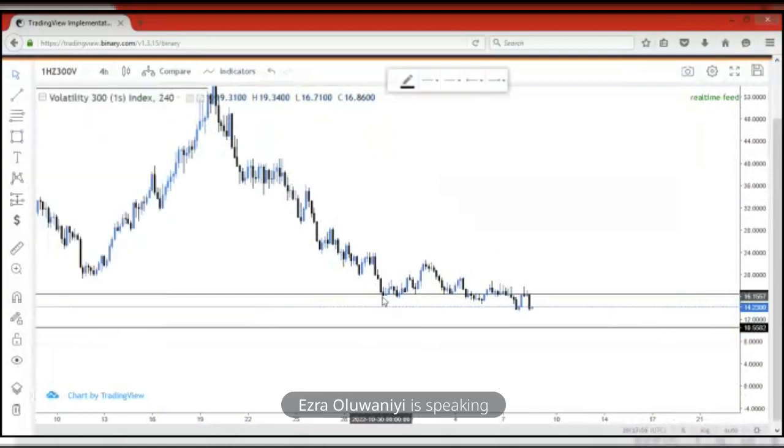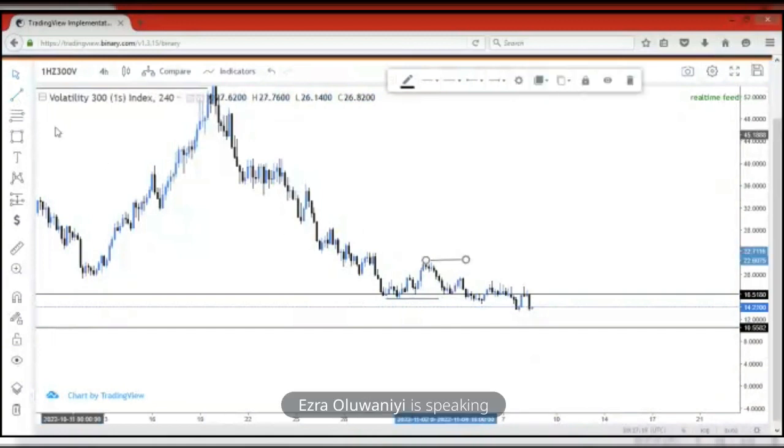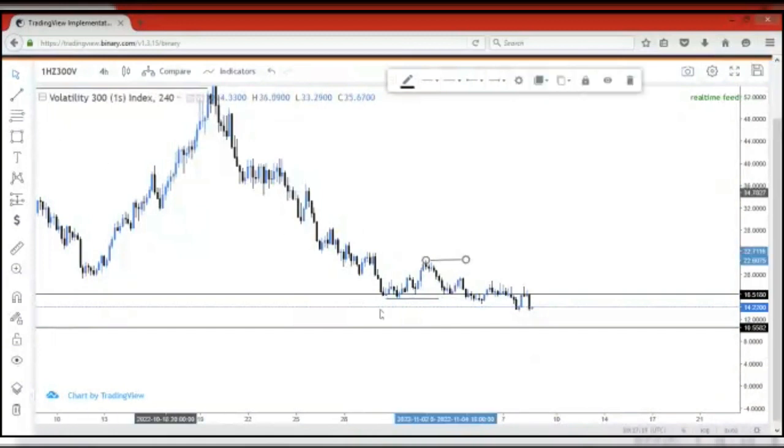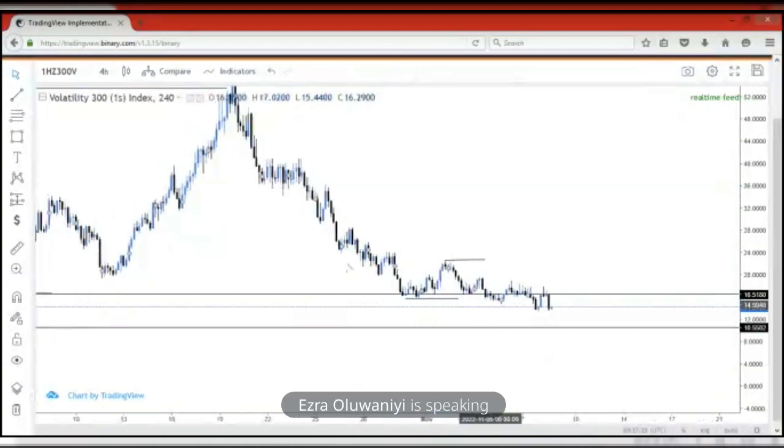As soon as this one closes here, I'll mark it with a trend line. So that's my new low. And then I'll mark the high that was created. This was a new high. This was also a new low here because it closed below the previous one. So you just have to keep marking this.